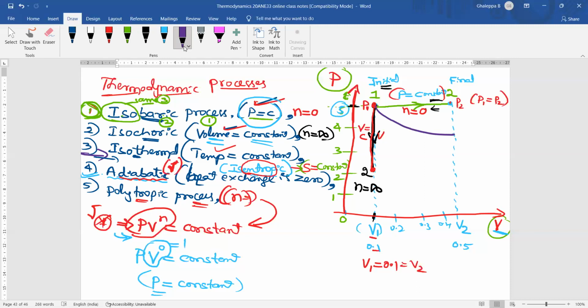That's it, like this. Okay, you draw a curved line like this. So this initial point is point 1, the initial starting point, and the final point is point 2.